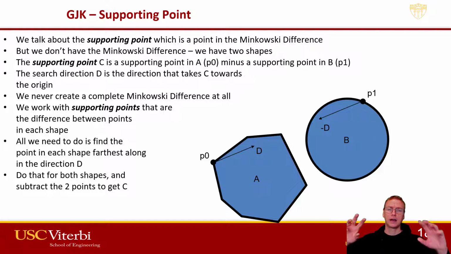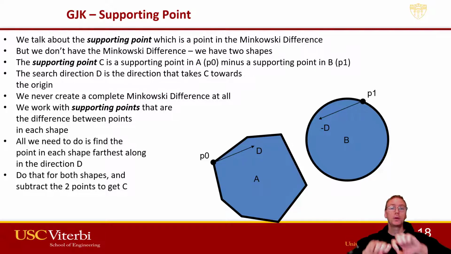When we have the Minkowski difference, we'll be drawing that as a shape, point by point, and we'll say within that space we have supporting points. We don't have the full Minkowski difference. We just have these two shapes, and we'll be making individual supporting points within that Minkowski difference. We won't make the whole thing.